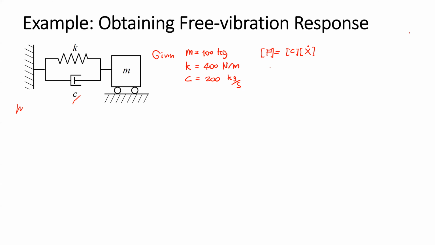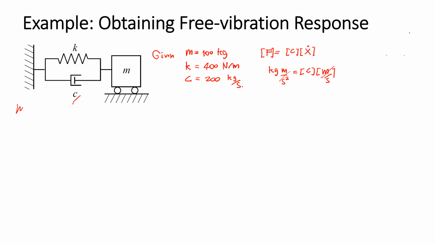The force is the Newton, or kilogram meter per second squared, which is MA. And the unit of C multiplied by the unit of velocity, meter per second. So from here we can see that the unit of the damping coefficient should be kilogram per second.